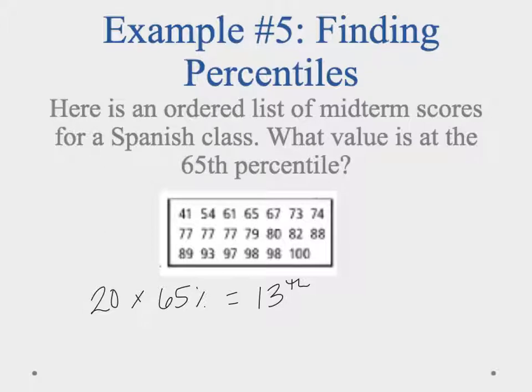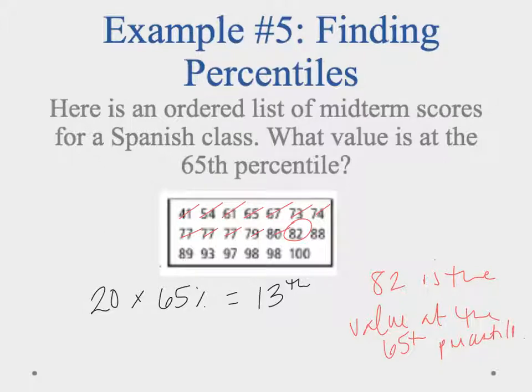So if we count 13 numbers, 1, 2, 3, 4, 5, 6, 7, 8, 9, 10, 11, 12, 13. 82 is the value at the 65th percentile.